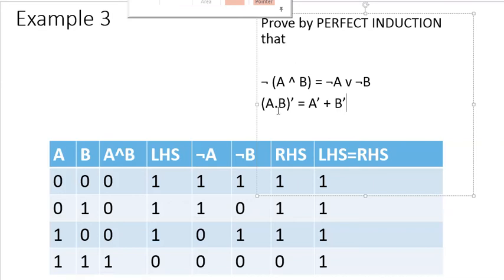If I have a negation, I can actually apply that negation throughout the entire bracket to remove the bracket. What happens is I need to negate the variables.